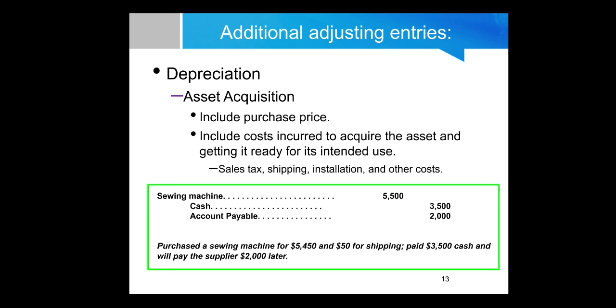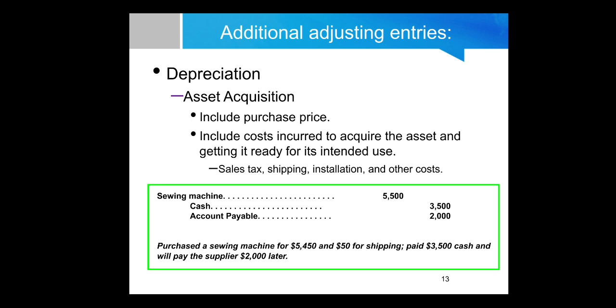Now the first question: how much do we have to record as the value of the sewing machine, the non-current asset? The answer is that the value recorded in the business accounting record is 5,450 plus $50. The price of the sewing machine is 5,450, and then you add $50, which is the cost to acquire the sewing machine, the shipping cost.